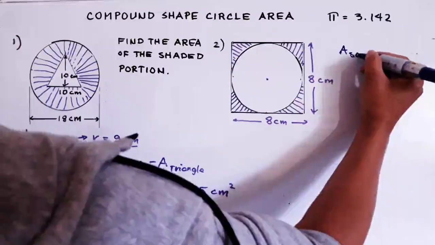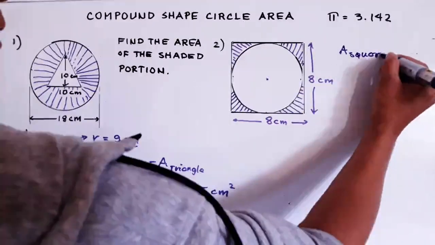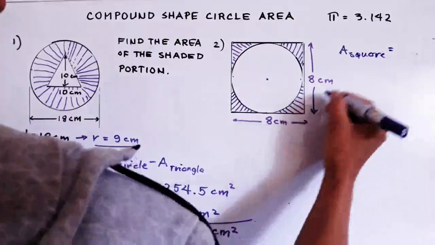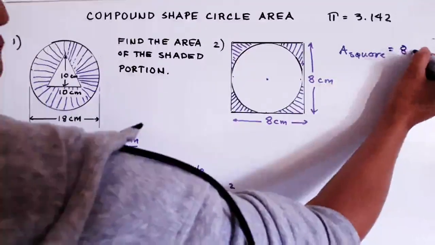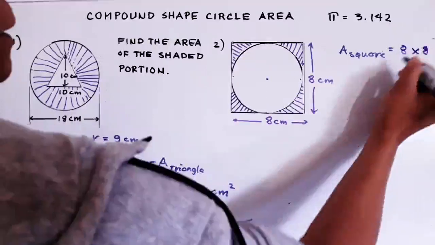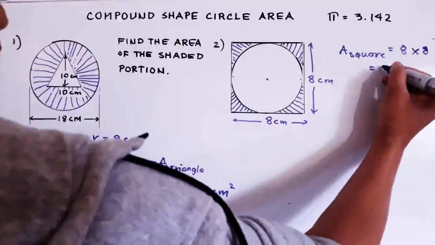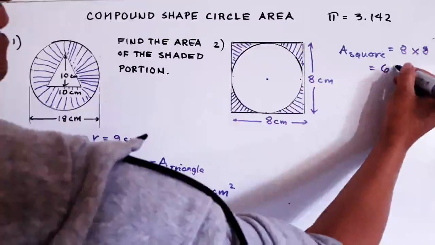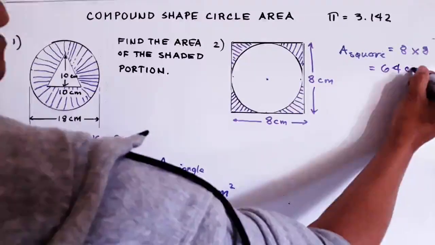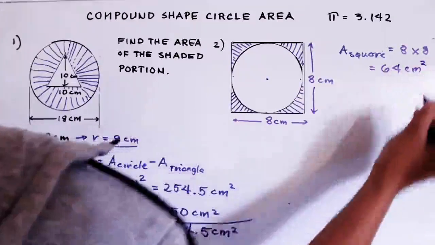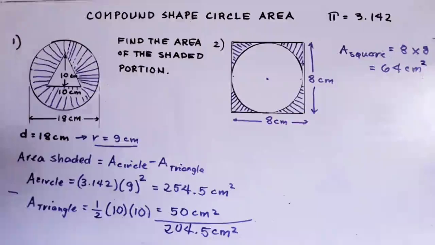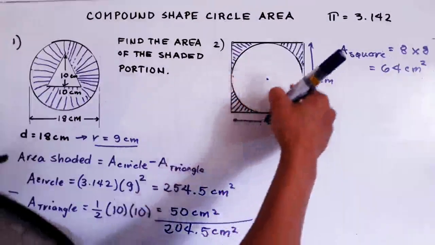Area of the square is only 8 by 8. So the area of this square is 64 cm squared.